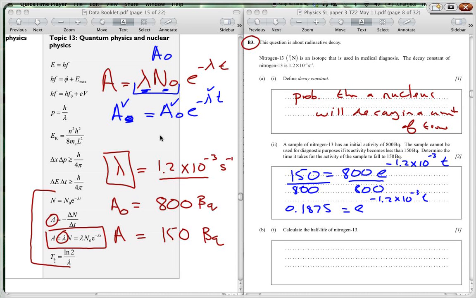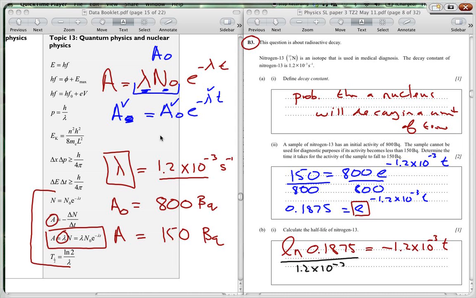And then what we're going to do, and this is especially important for those that are taking studies, is put this into our log form. So we're going to get that the ln, or the log to the base e, of 0.1875 will equal minus 1.2 times 10 to the negative 3 t. So I will divide both sides by 1.2 times 10 to the negative 3.